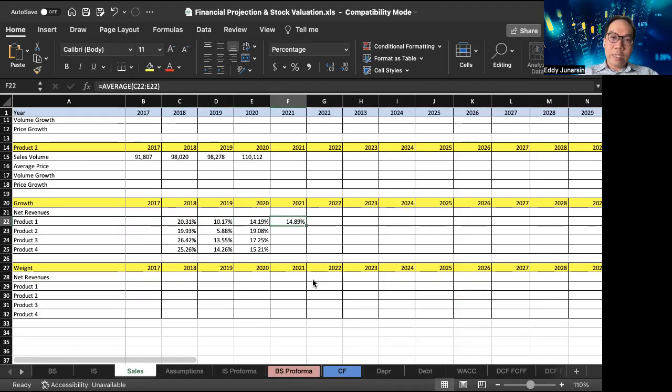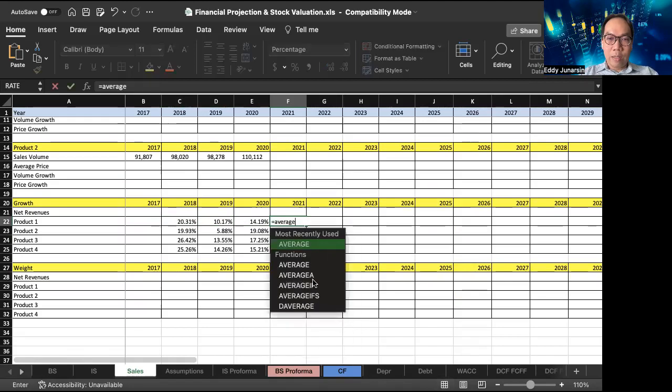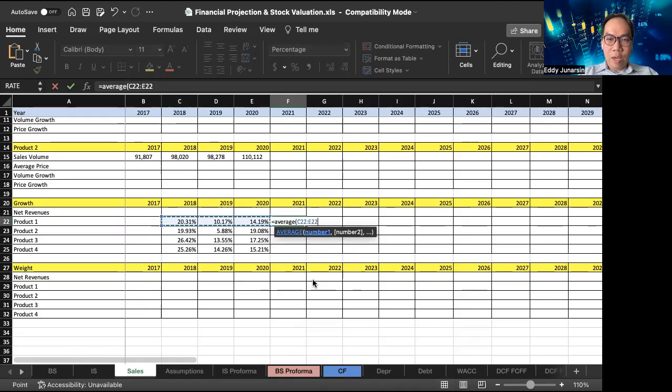So in this example, I will just use the moving averages. Okay, moving averages. So we do the averaging here. Okay, but see, for 2021, the average of growth rate is 14.89, because that's the average of 20.31, 10.17, and 14.19.